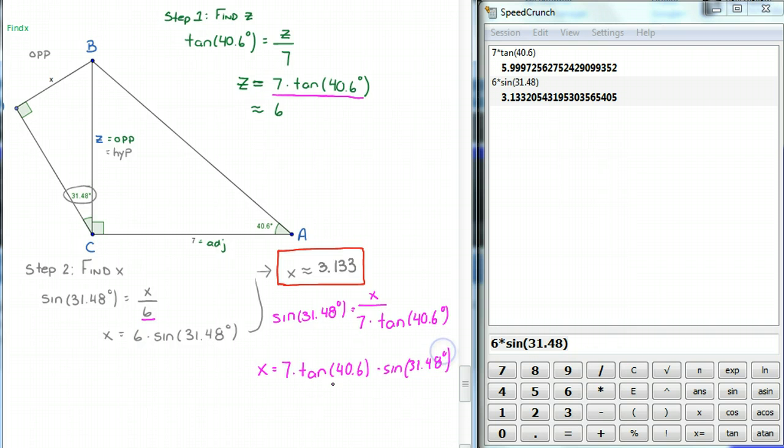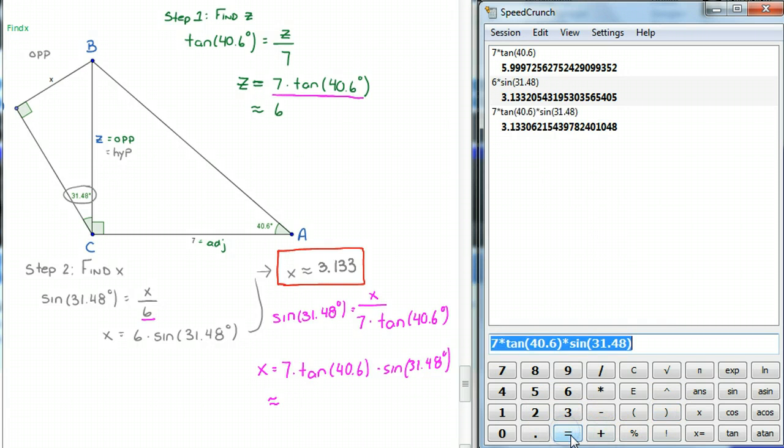So x is equal to 7 times tan of 40.6 times sine of 31.48 degrees. So x is approximately equal to 7 times, I'm going to type this in my calculator, tan of 40.6, close my bracket, times sine of 31.48, close my bracket, equals, and notice I get the same answer.